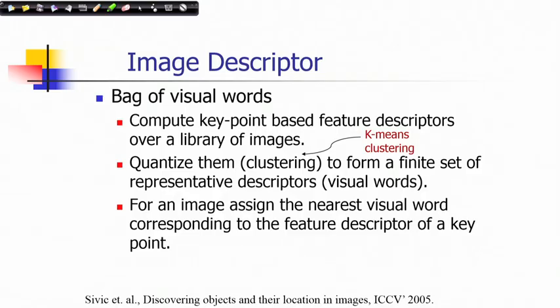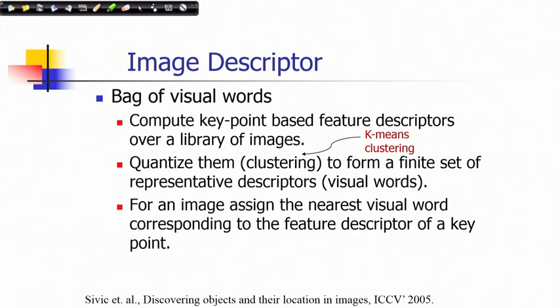So, here you are counting how many times each representative visual word occurs in an image. It is a similar strategy to counting how many keywords from a dictionary occur in a document. Similarly, we count how many visual words from your dictionary occur in a particular image.